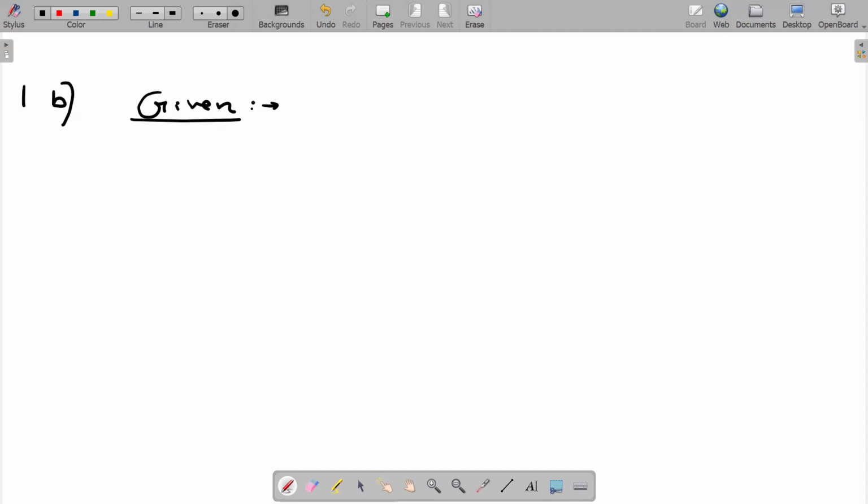I can write that there are 2 goods, X and Y. And we are given that the income of the consumer is 1000 rupees.